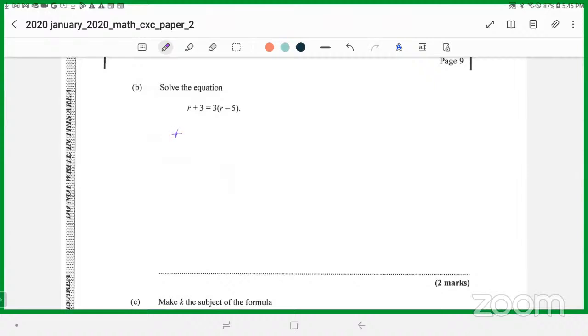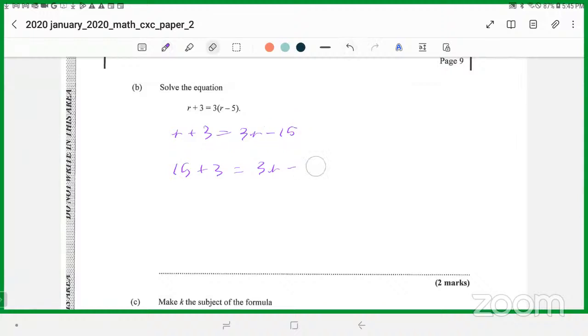So this side remains R plus 3 equals, I'm going to expand this side. It will become 3R minus 15. I'm going to take this R and transpose it over here and subtract it. I want to keep the R term positive. Take this 15, transpose it over here and add it. So I'm going to get 15 plus 3 equals 3R minus R. So this negative 15 came on this side to become a positive 15.